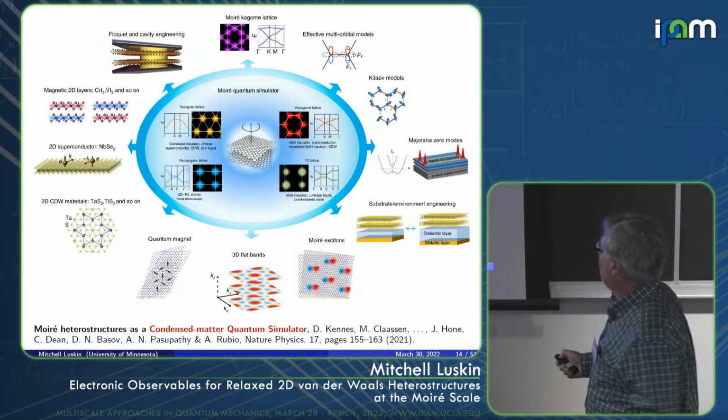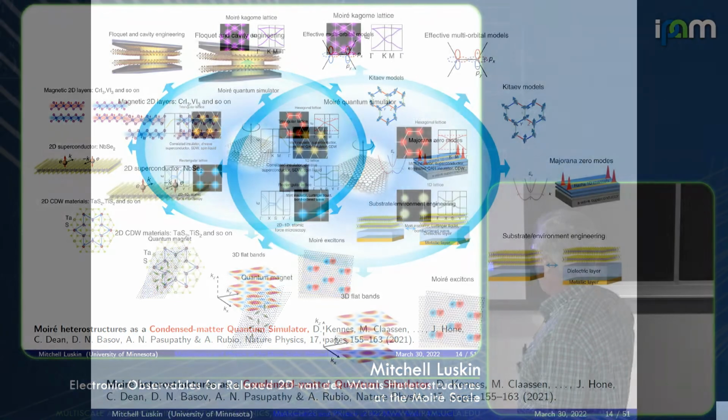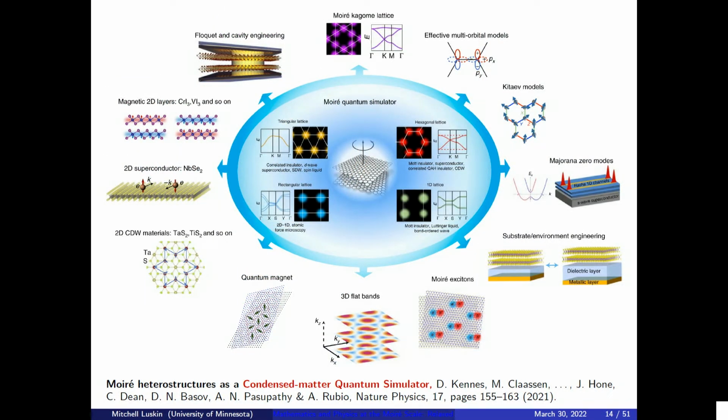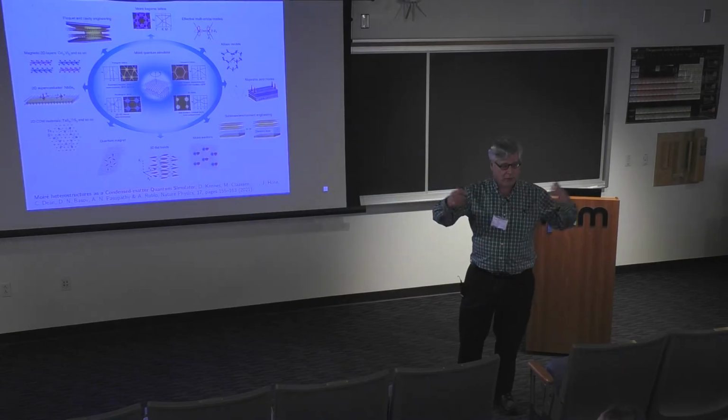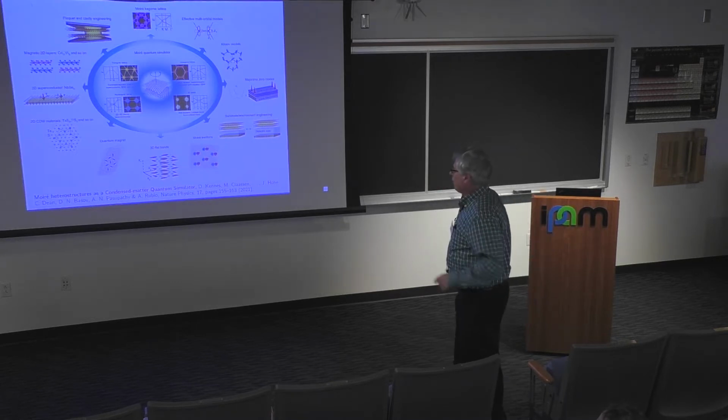This is my view, and I got this from Angel Rubio's paper: I like this idea of a quantum simulator where you now have a huge space to explore all these electronic phases that up till now may only exist as theoretical conceptions. There's a huge community exploring all these things.